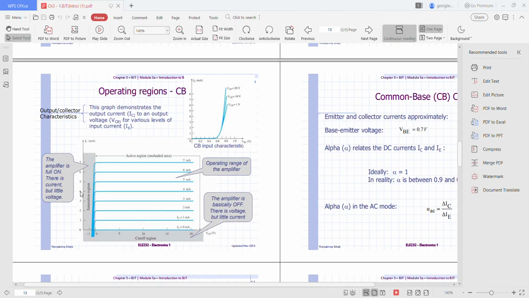Because this is the common base configuration, this is the output or collector characteristic for a common base transistor amplifier. In the active region, the base emitter junction is forward biased, whereas the collector base junction is reverse biased in this common base characteristic.